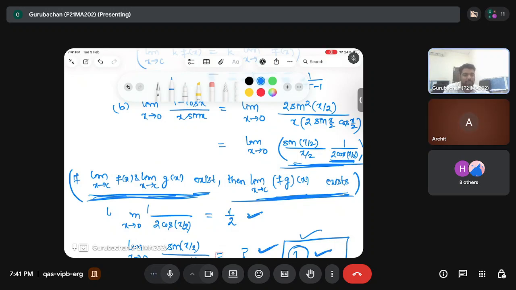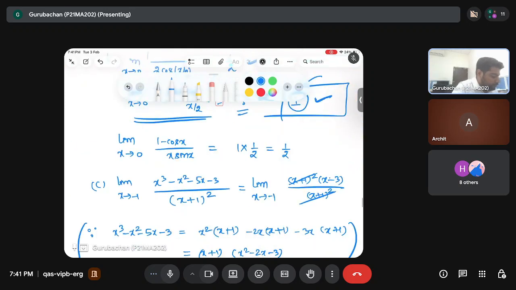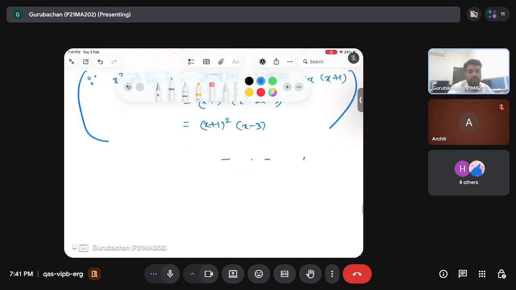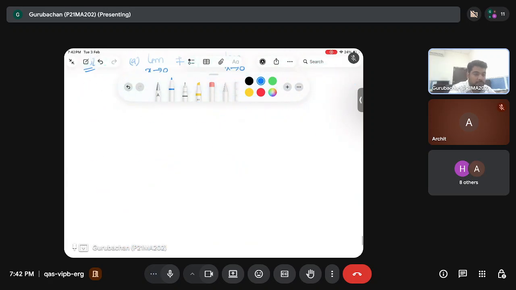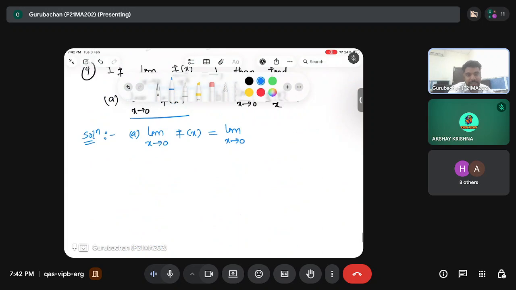Sir, if individual limits are existing, then the product limit will also exist, but we cannot say it in the reverse way. I just wrote it in a different way. Are these statements different?